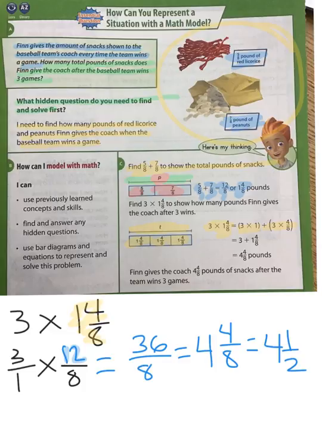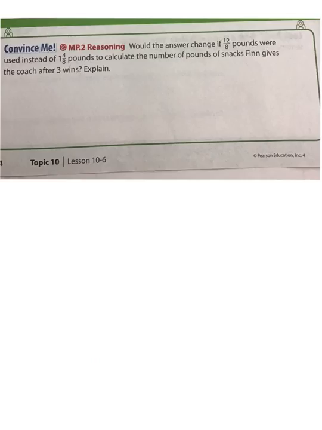So basically today, what you're going to be doing is creating bar diagrams for your problems, which I know you have become experts at. So our answer is that Finn gives the coach 4 4/8 pounds of snack after the team wins 3 games.